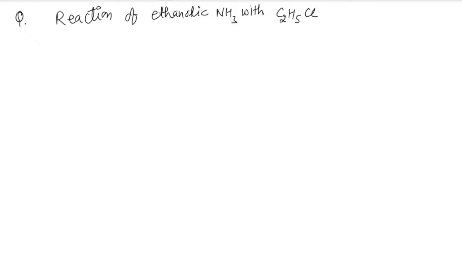Very good, Rutvik. Benzamide was the reactant; benzamide on Hofmann bromide degradation will give aniline. Now, what is the reaction? Write the reaction of C2H5Cl with ethanolic ammonia. Yes, tell me.